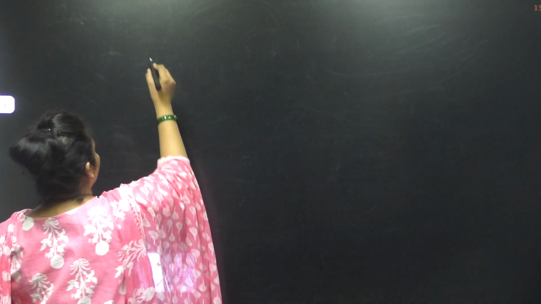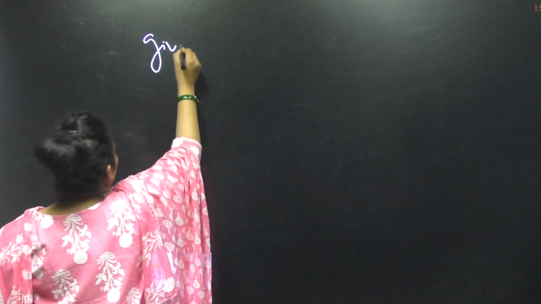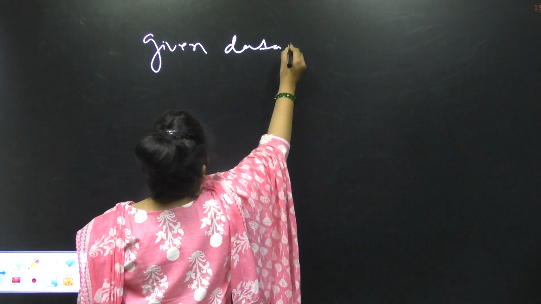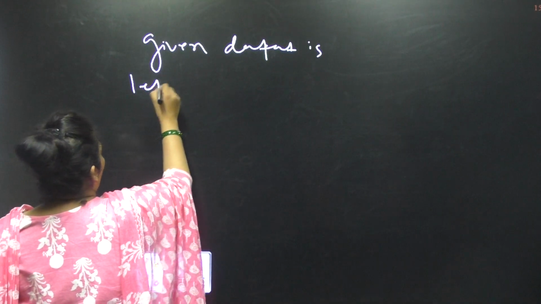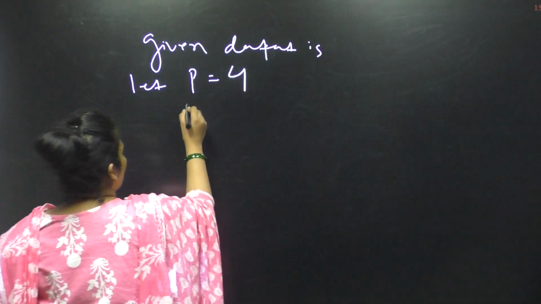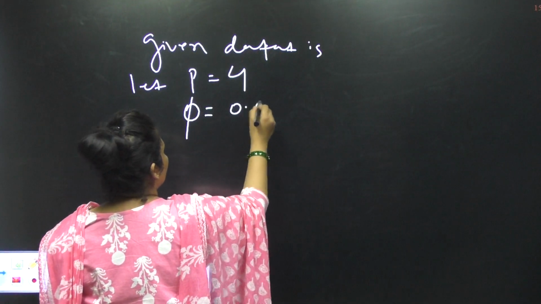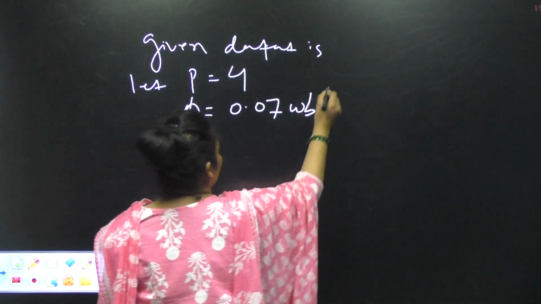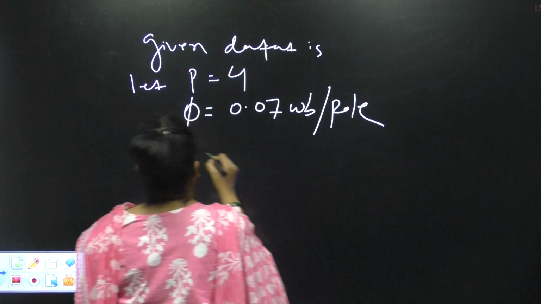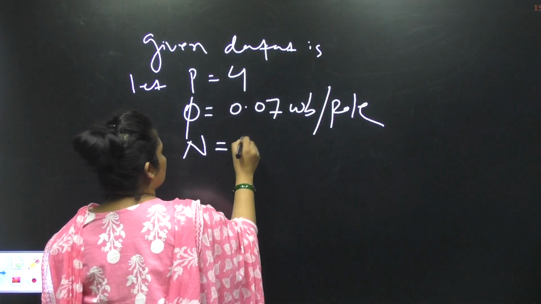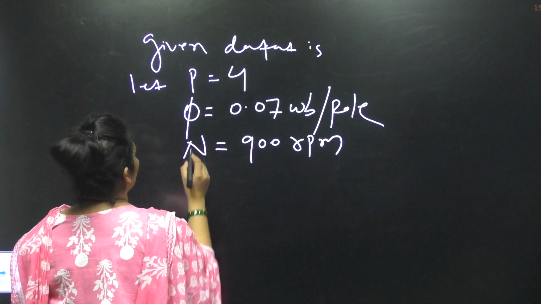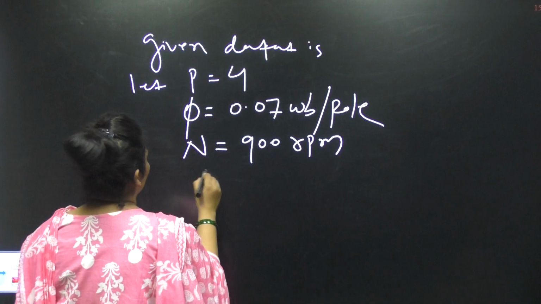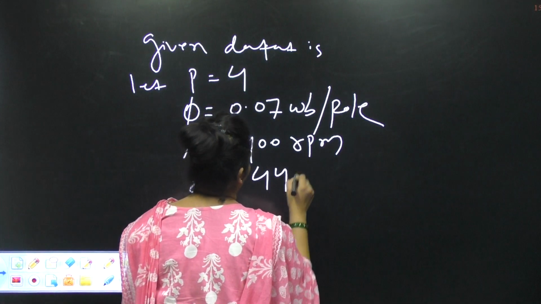For example, let my given data be P equal to 4, phi equal to 0.07 Weber per pole, speed N is 900 RPM, and Z is 440.